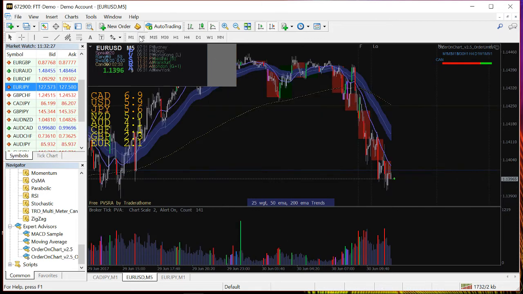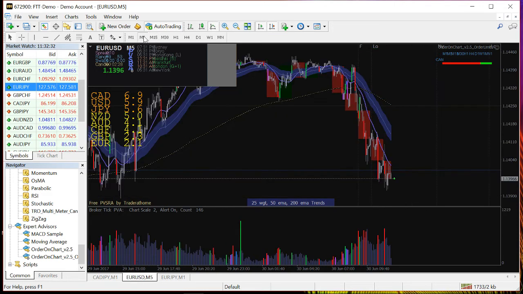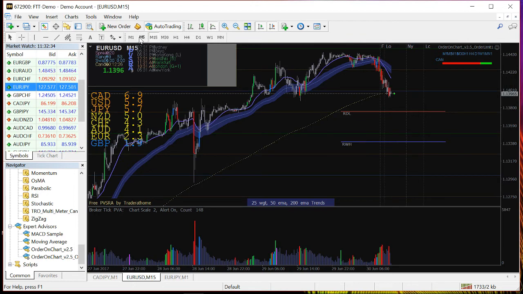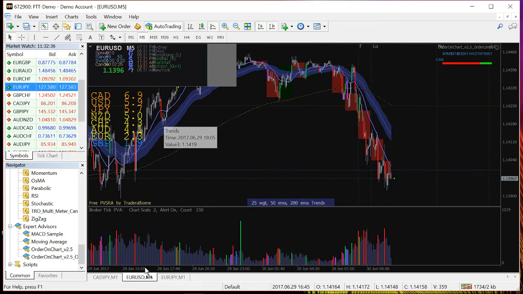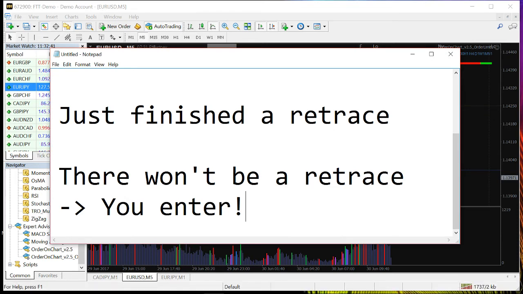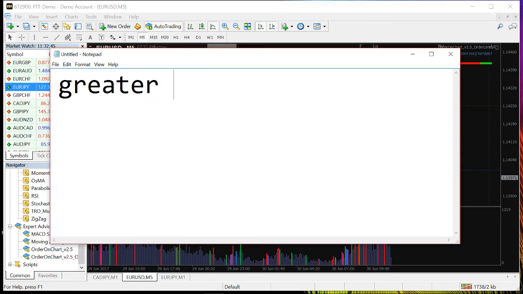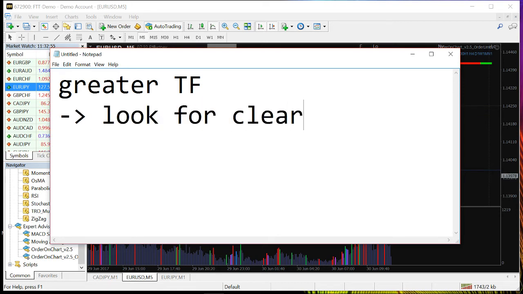Whenever you change to M5, you change to M15, you try to look for clear evidence, clear signals. So once again, when you change to greater time frames, you look for very clear signals. How do you get that? Patterns.